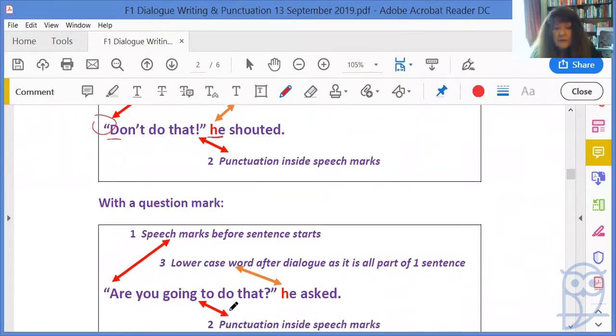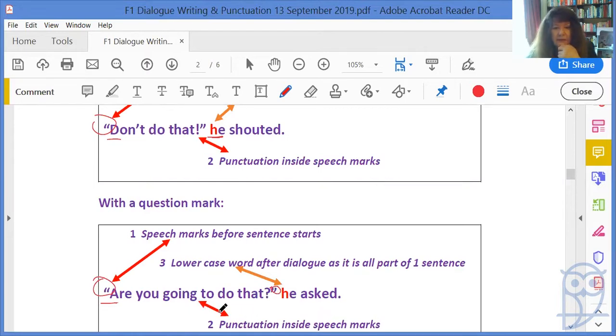Now let's look at it with a question mark. "Are you going to do that?" he asked. Again, obviously, speech marks and a capital letter before the sentence starts. Punctuation is always inside the speech marks.